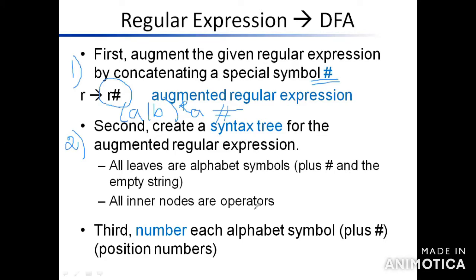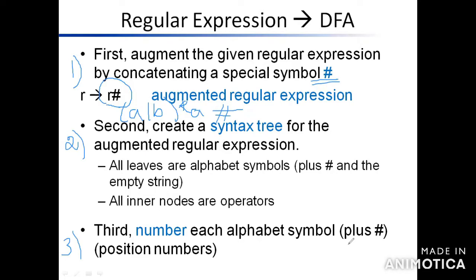Okay, it's clear. The third thing is you have to number each alphabet, that is, give a position to each alphabet in the given syntax tree. So these are the three things you have to consider for the given problems.